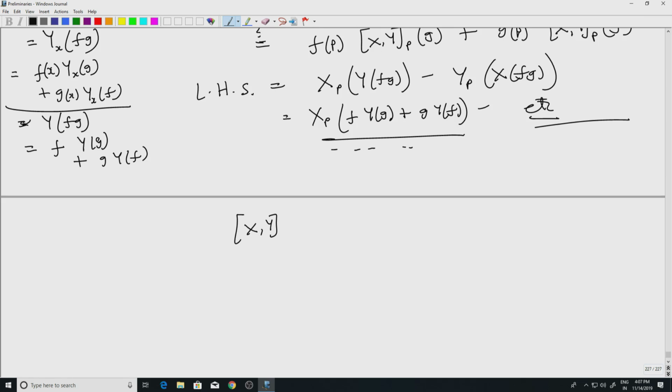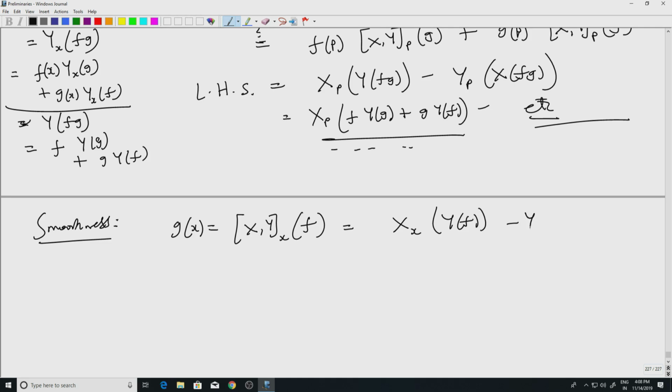So the function, this function for any f in C infinity of M. So this is what I've sometimes called g(x) equal to this. Smoothness, one just looks at this, and this by definition is X at x, Y of f minus Y at x, X of f.